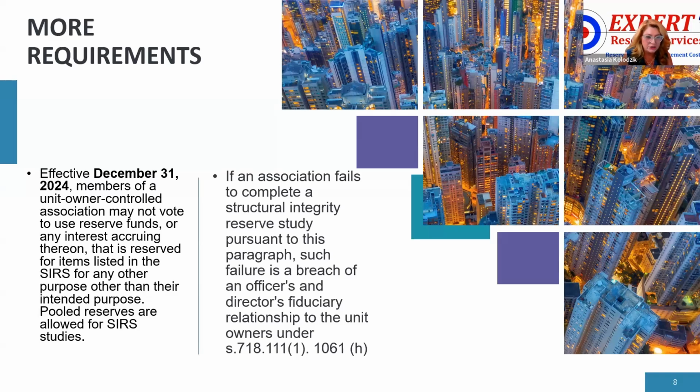If it is under 720, if it is filed as a homeowners association, it does not fall under the SIRS because it's not 718. And I would look for that to be changed sometime in the next 3 years, just so you guys know.